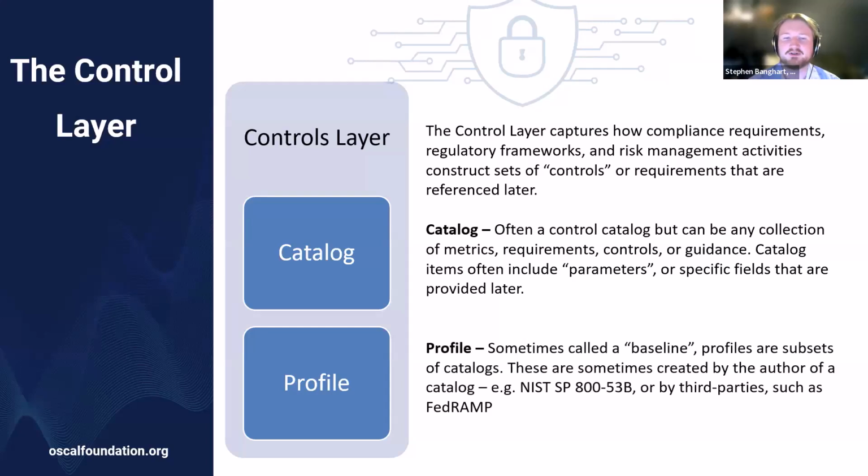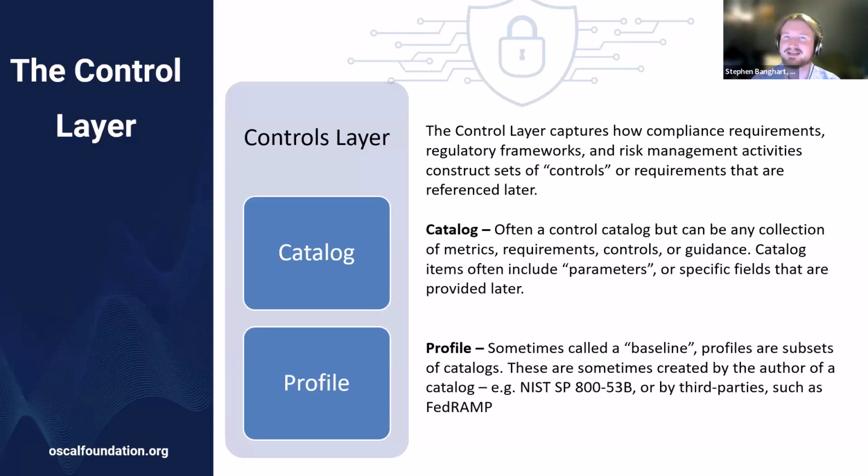When I say profile, this is a word that in OSCAL we say profile, but elsewhere in compliance and risk management, this is sometimes referred to as a baseline. So I may be using profile and baseline interchangeably throughout this presentation. In OSCAL, we call the model the profile. Profiles are subsets of catalogs.